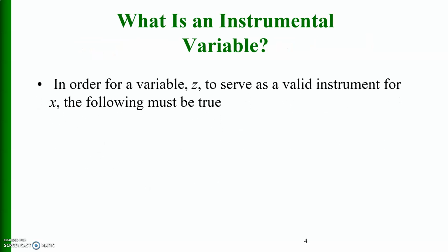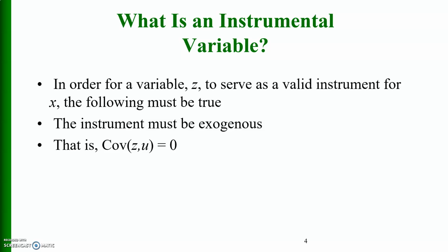Now a question is, what is an instrumental variable? In order for a variable z to be a valid instrument for x, the following conditions must be true. Number one, the instrument must be exogenous. That is, the instrumental variable must be exogenously determined and it must not be endogenous.